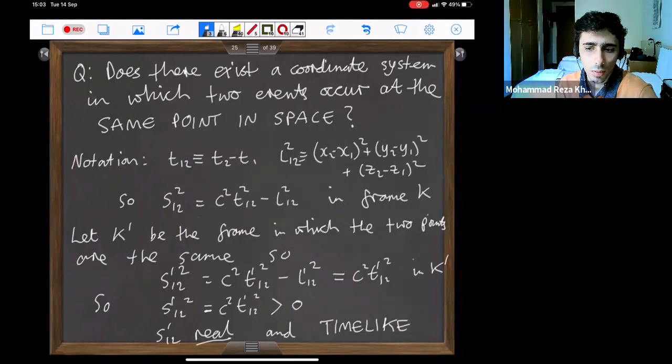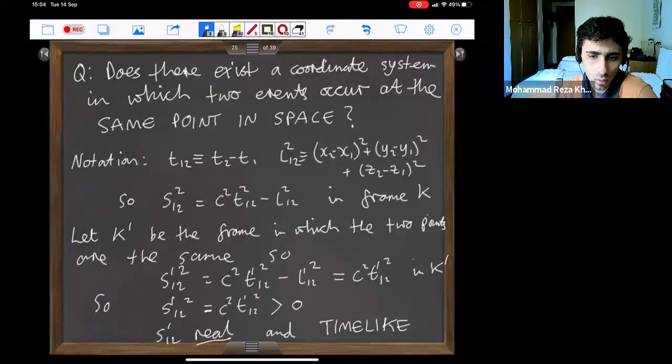So in the K prime frame, if they take place at the same point in space, it means L12 prime is 0. So the interval there is just C squared T12 prime all squared, which clearly is greater than 0, which means that the interval, which would be the square root, is real.